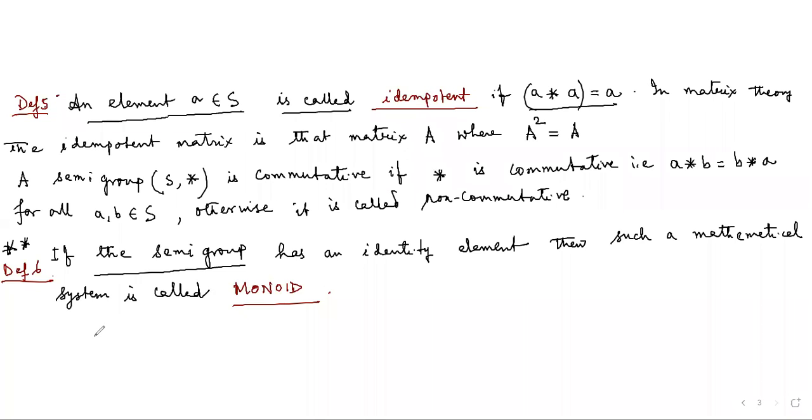So for example, if I consider Z plus union 0, the set of all positive integers with 0. In some books they call it positive whole numbers, and Z minus is called negative whole numbers.